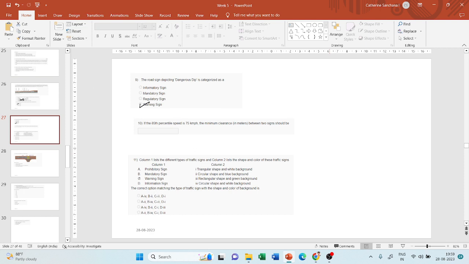Column 1 lists the different types of traffic signs, and column 2 lists the shape and color of these traffic signs. We will try to guess, and if not, we will take a look at the slides. Prohibitory sign, what did I say? It is a circular sign with a red border, right?